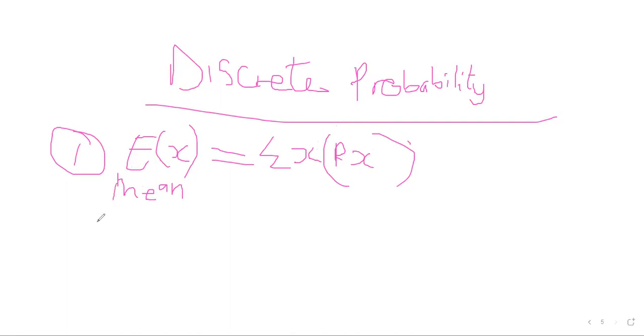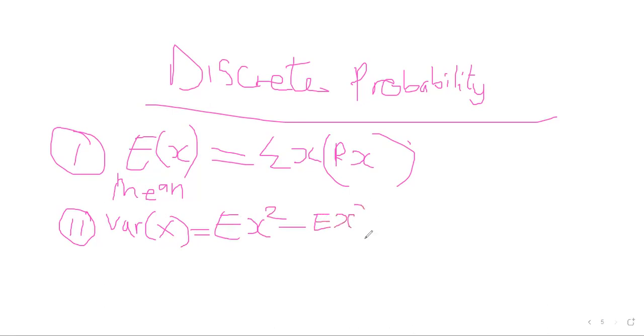Then we have the variance of x, which is actually equal to the expected value of x square minus the square of the expected value of x.